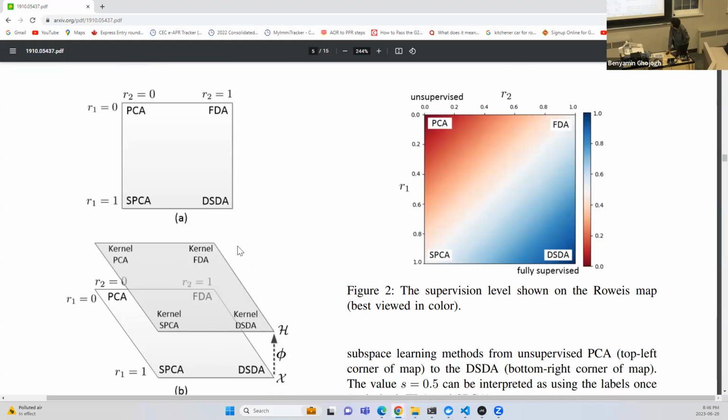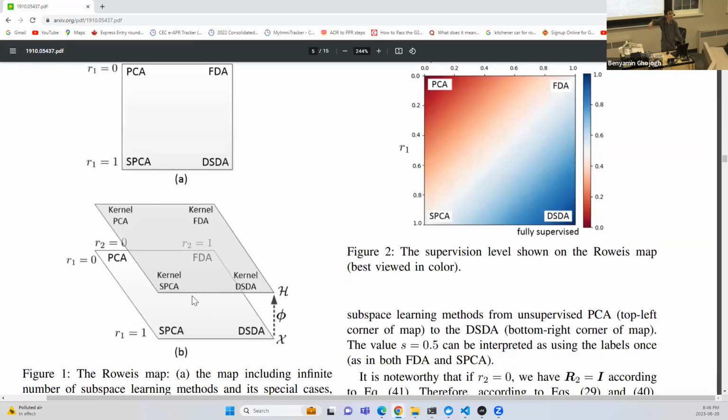Also I propose this kernel version using the techniques that I'm teaching you. So I pull it by phi to the Hilbert space. So I have kernel interpolation between kernel PCA, kernel FDA, kernel SPCA, and kernel new method. Here, I use the second variant of FDA. Why?